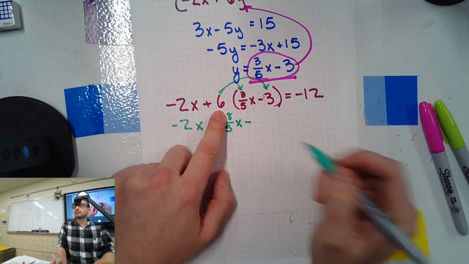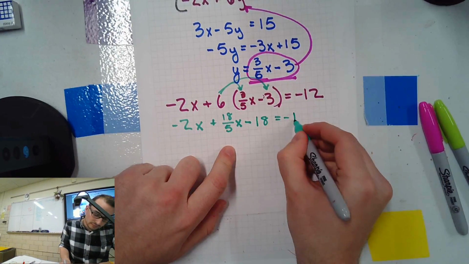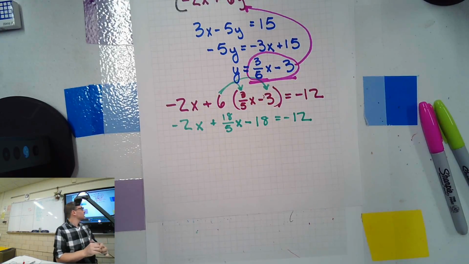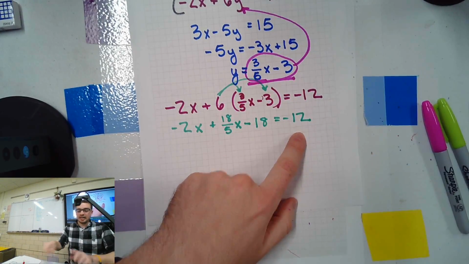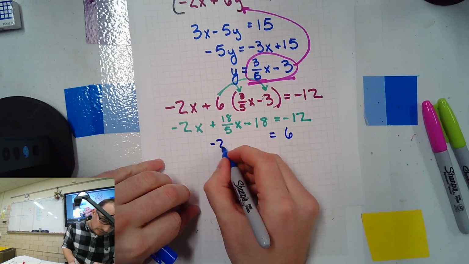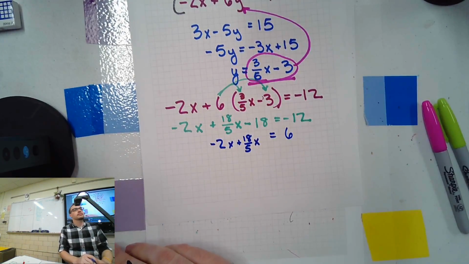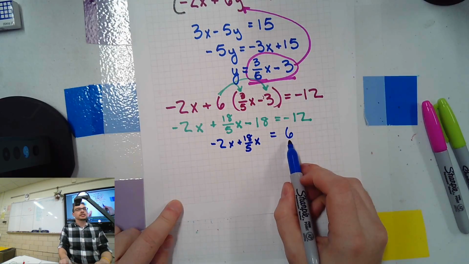Well, first of all, it's going to be negative. 6 times 3 is 18. I'm going to add 18 to this side. 6. No, it's okay. I added 18. I got 6.